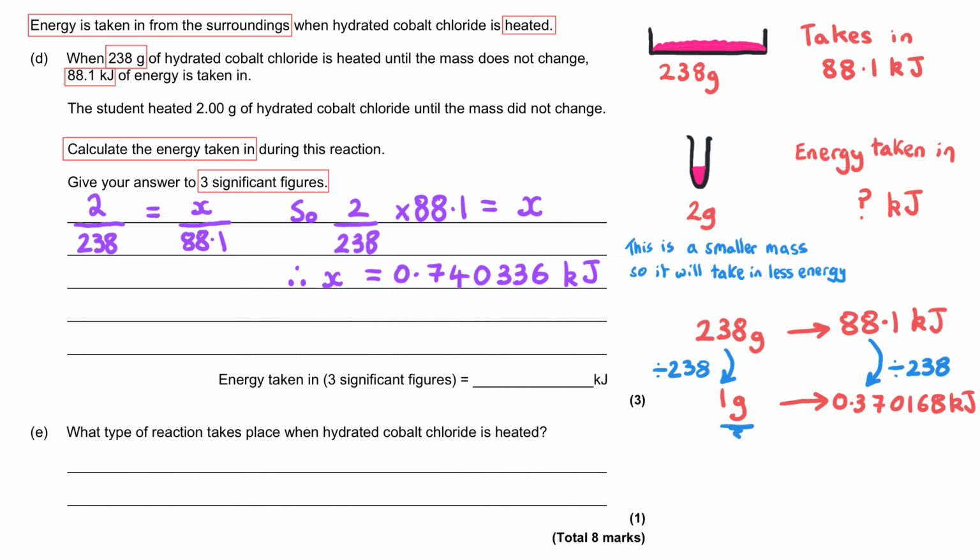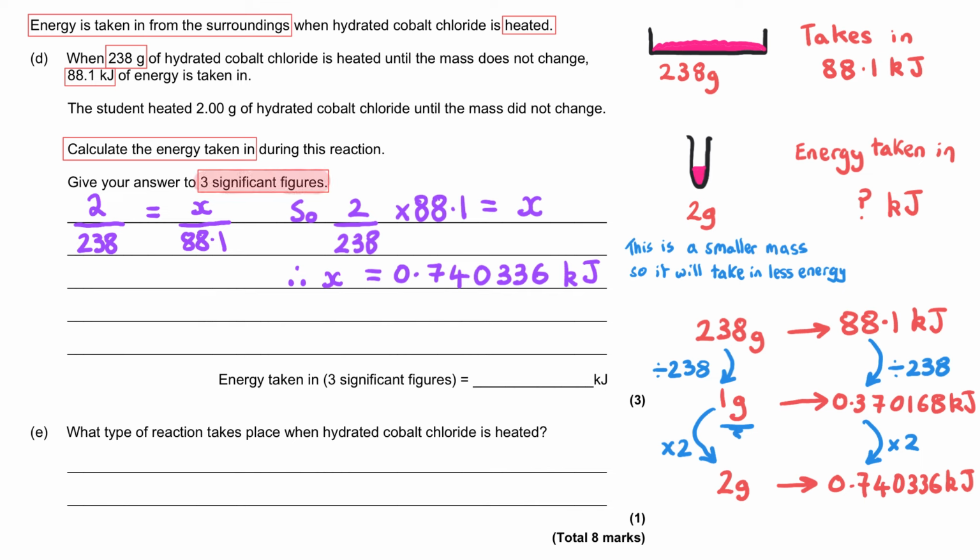And so when we double this, because we're interested in 2 grams, we get 0.740336, which understandably is going to be the same number. So whichever of those two methods you prefer, we have arrived at our almost final answer of 0.740336.